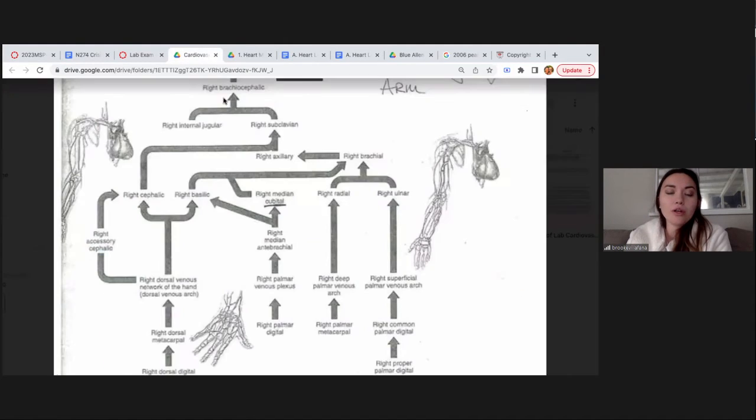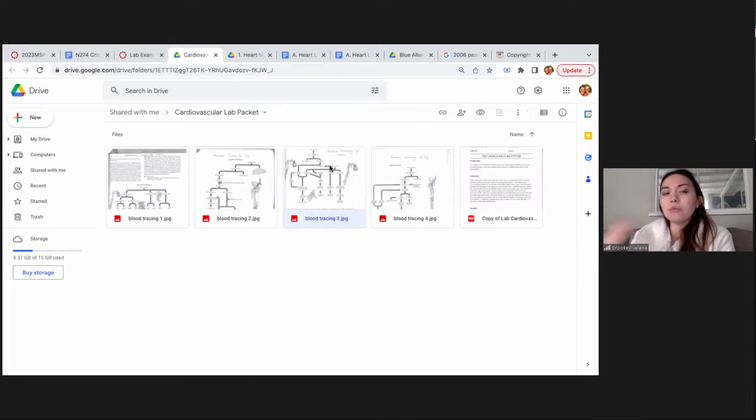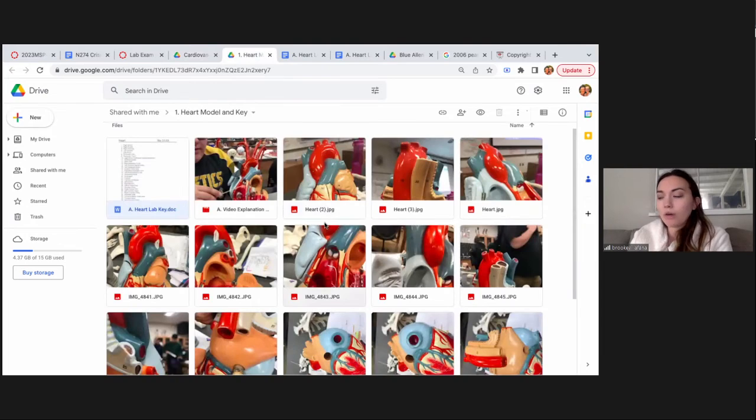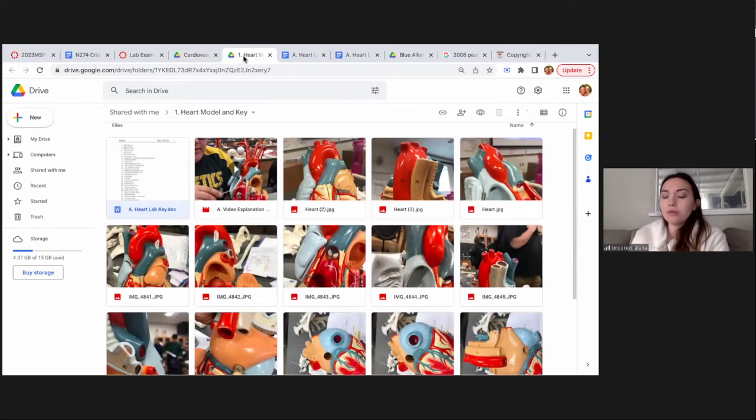And then for the cardiovascular lab packet, this is your only lab packet, and the majority of it is lecture content. The only thing on the cardiovascular lab packet that will be on the lab exam is the heart model. Everything else is lecture content.